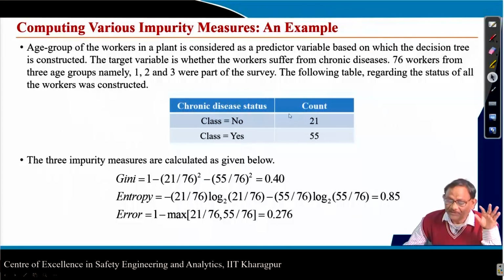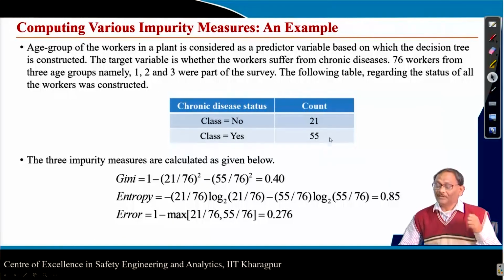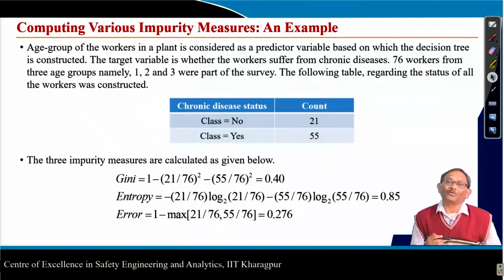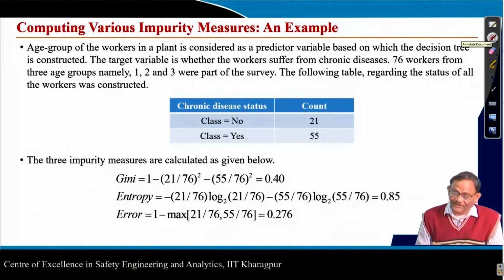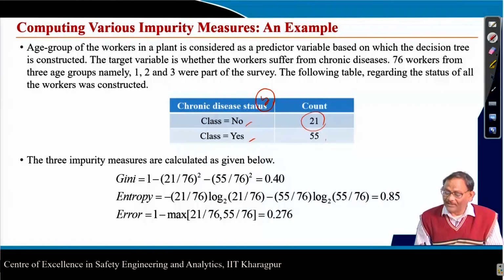Out of 76, 55 have disease and 21 have no disease. If I say disease, it means any kind of disease; for a particular disease the counts may change, but for the example this is sufficient. So this is my y variable, the class variable, either no or yes, with counts 21 and 55.